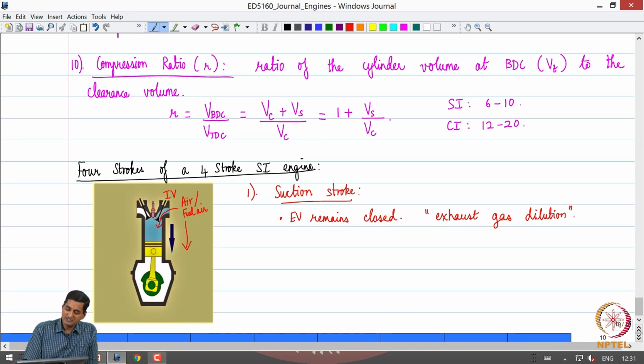During the suction stroke the piston moves towards the BDC, and when the piston reaches closer to the BDC, the inlet valve is closed. So, the air fuel mixture or air has been taken into the chamber and the inlet valve is closed and the suction stroke ends.